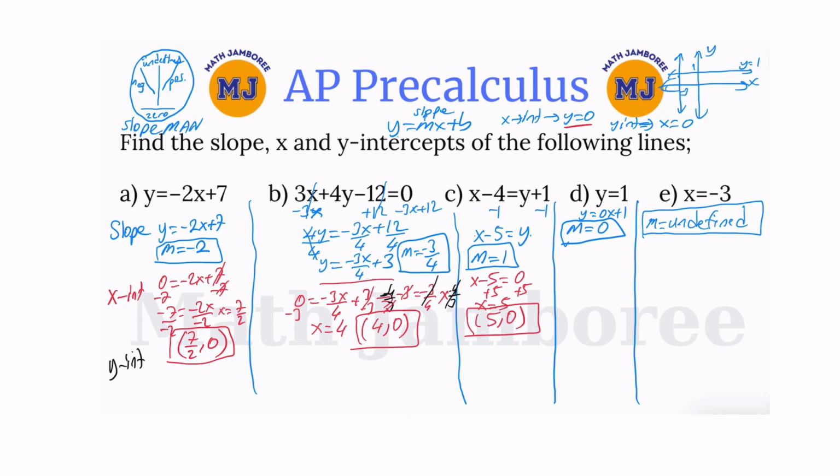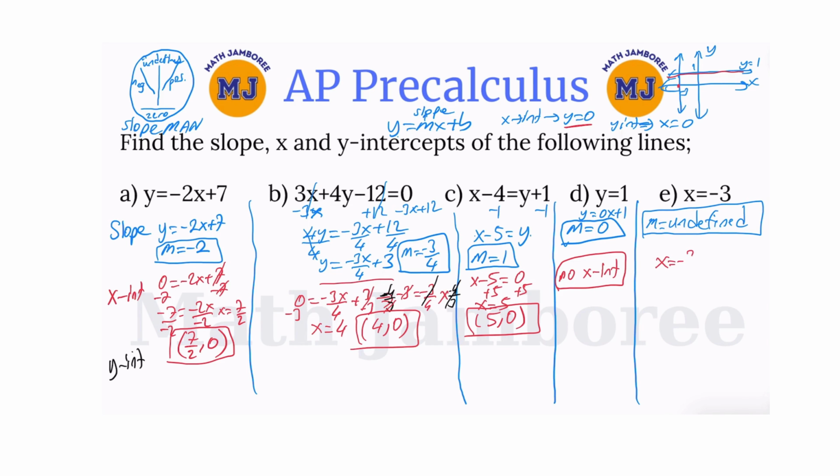And this one, y equals 1. Imagine this line, y equals 1. Is this line going to ever intersect with the x-axis? No. So there is no x-intercept, because it's parallel. x equals negative 3 is intersecting with the x-axis at negative 3.